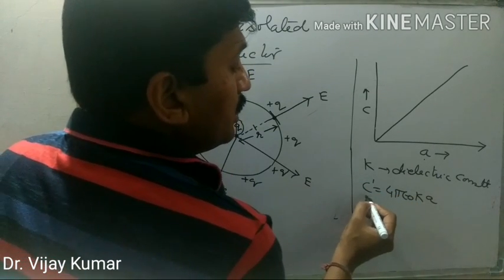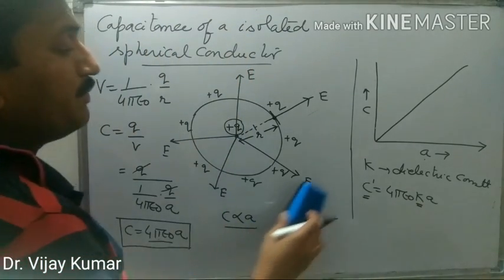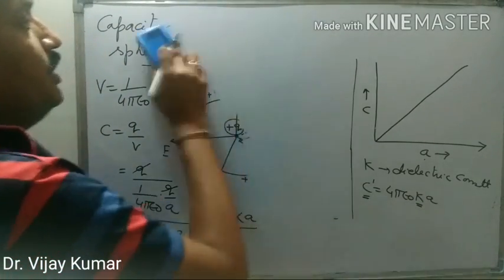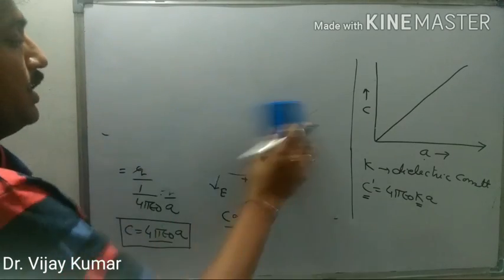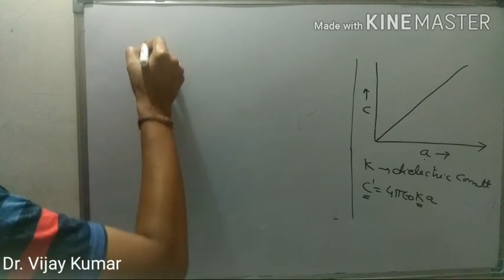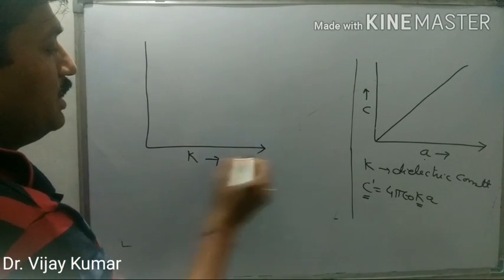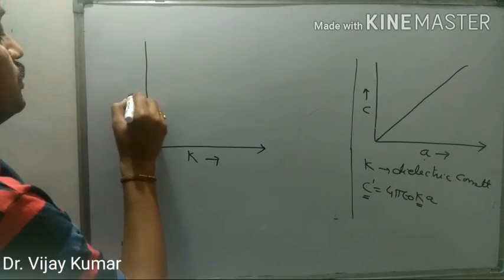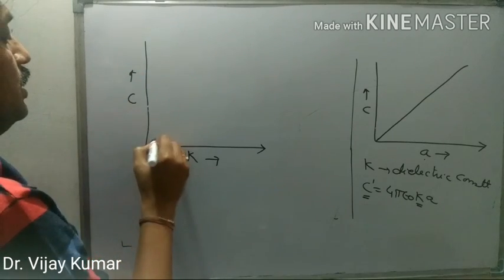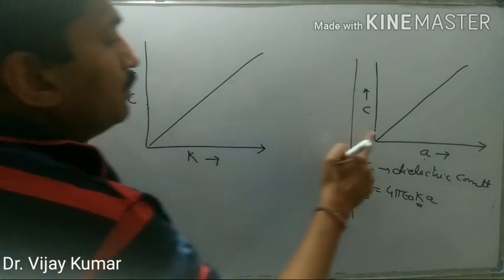It means capacity is also directly proportional to the dielectric constant. If we draw a curve between capacity and dielectric constant, it is also like that. On the x-axis we can take dielectric constant, this is capacity, and it is also like the graph of C and a.